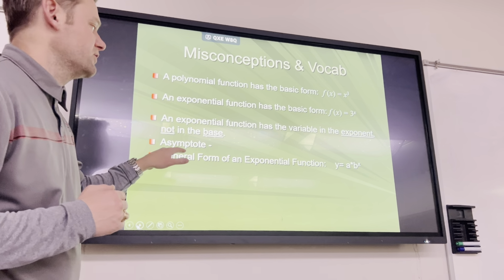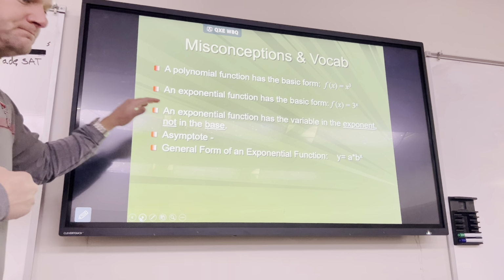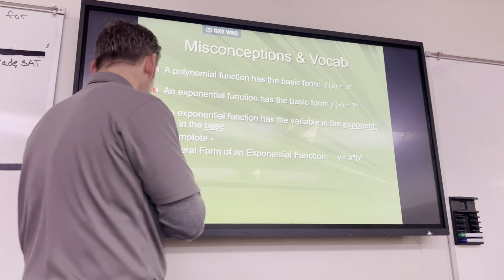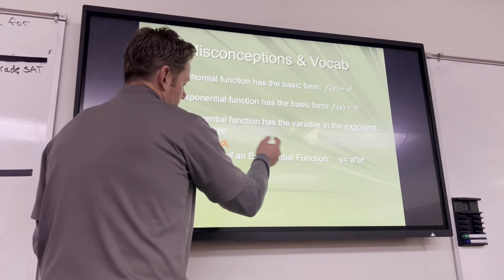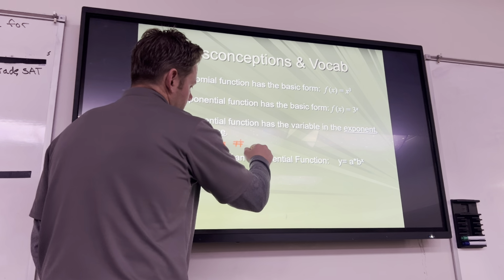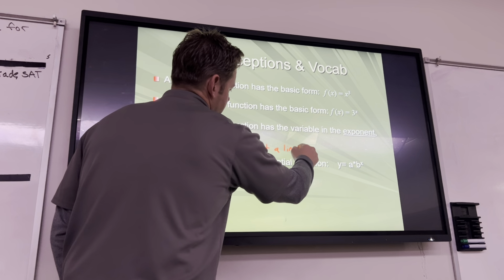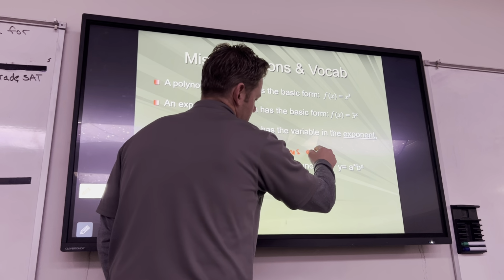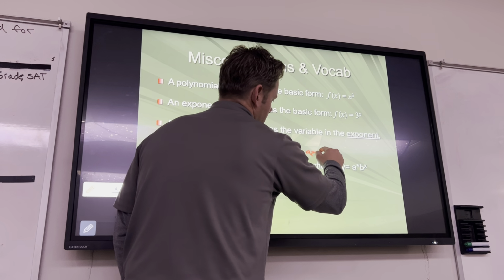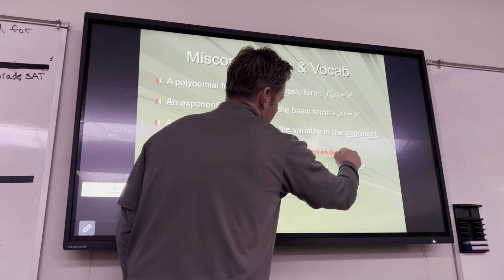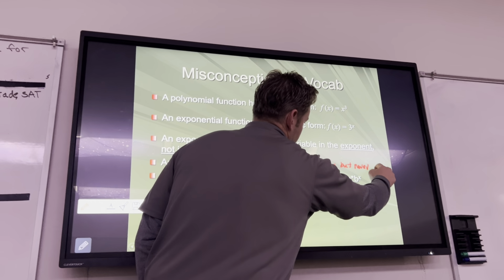Here's a vocab word that is on your packet. An asymptote is a number that a line approaches but never reaches.